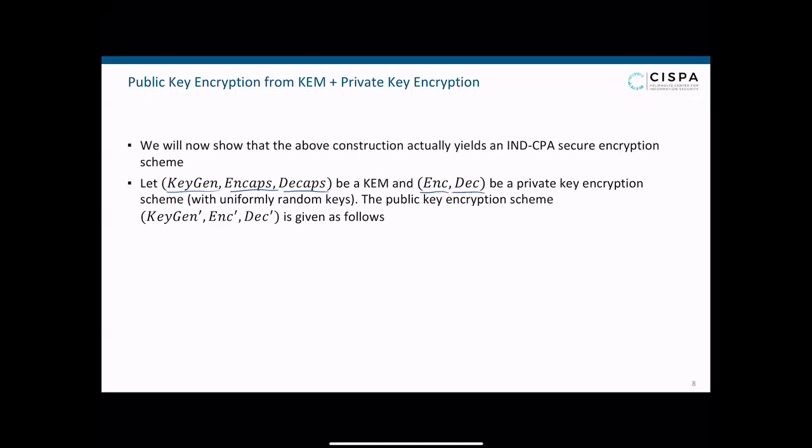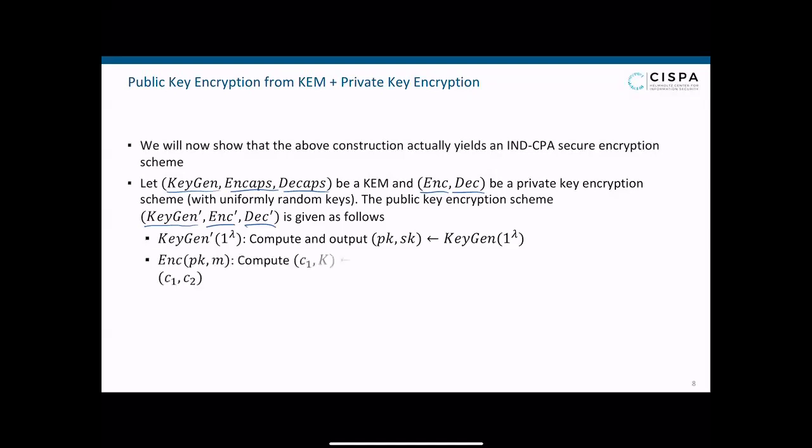So now we're constructing, and we've basically already seen this, a public key encryption scheme, keygen prime, enc prime, dec prime, as follows. Keygen prime just runs the keygen of the key encapsulation mechanism. Encryption first encapsulates a fresh key K in this ciphertext header C1 by running the encaps algorithm, and then uses the enc algorithm to encrypt the payload message M and outputs this ciphertext C consisting of C1 and C2.